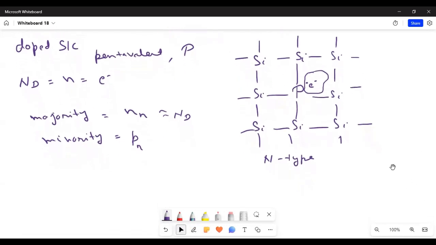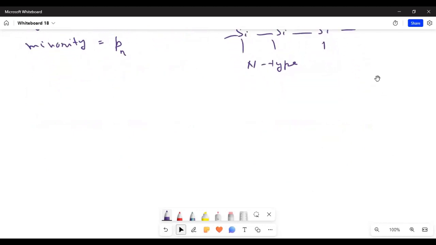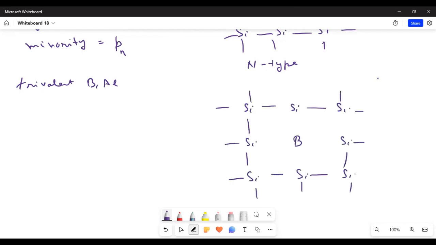Similarly, if we dope our material with a trivalent, like for example boron or aluminium, then you will also get a charge carrier concentration, but this time it will be of holes. It has 3 electrons, so these will be bonding, but there is one missing.